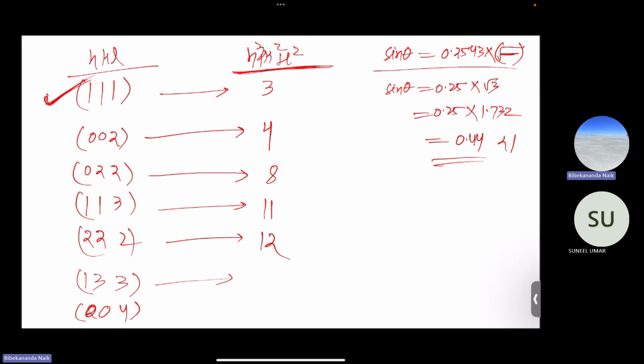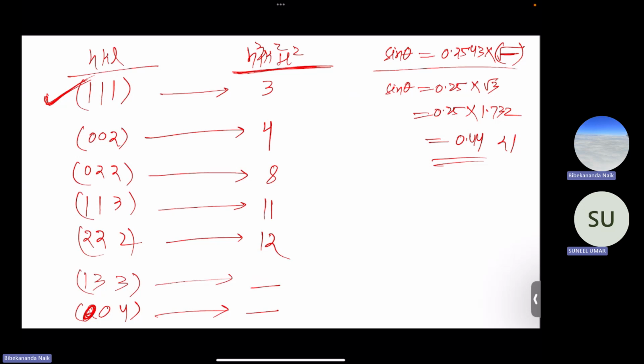Now you tell me whether the next after 12 will be 133 or 004. Which will be the next? First 004, sir, and after then 113?